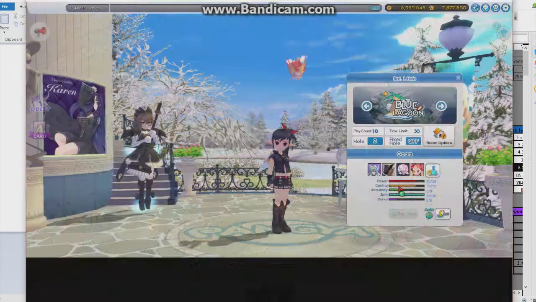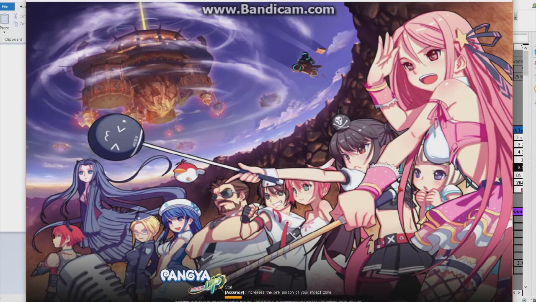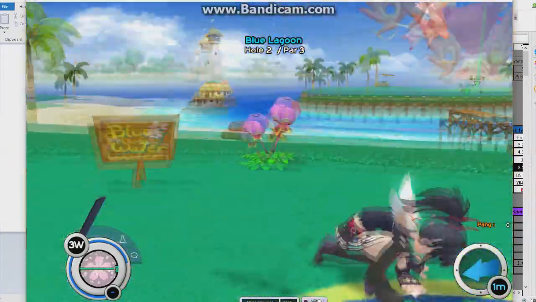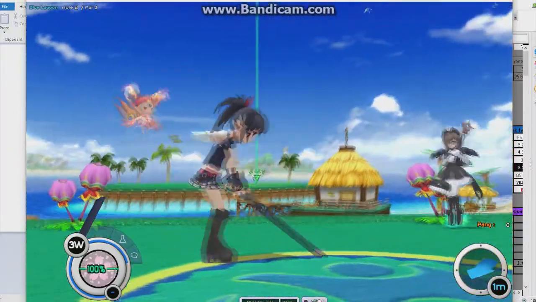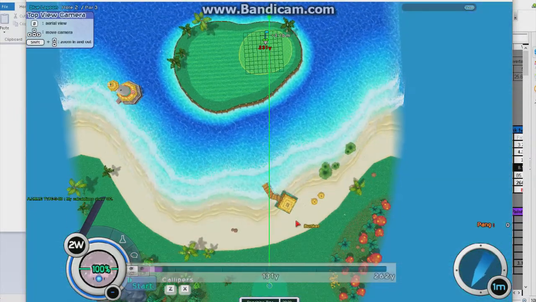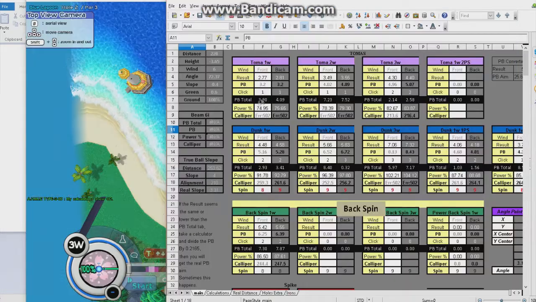Okay. Hopefully we get one behind the meter sign. I'm just going to play through until I find a wind that is behind the meter sign.